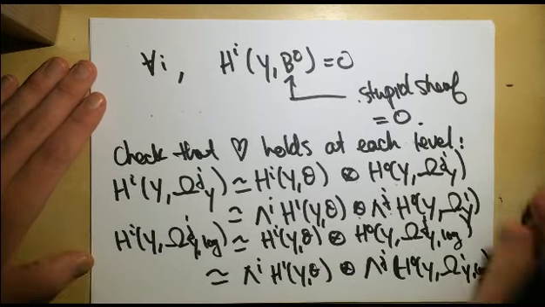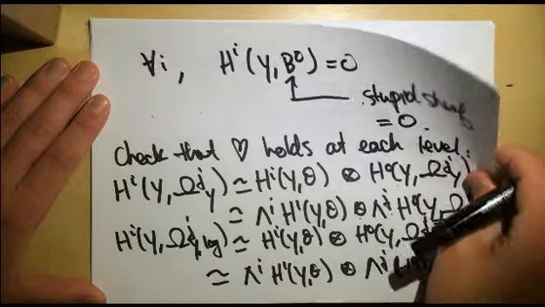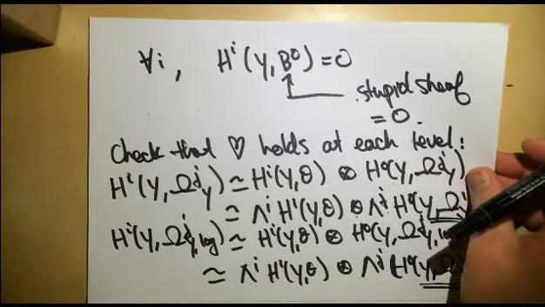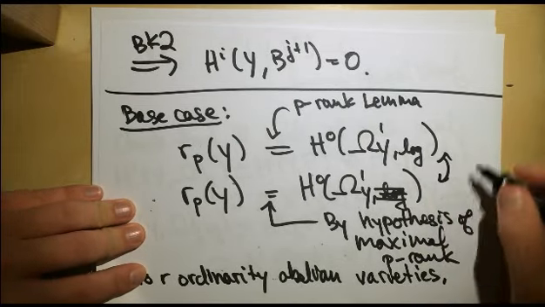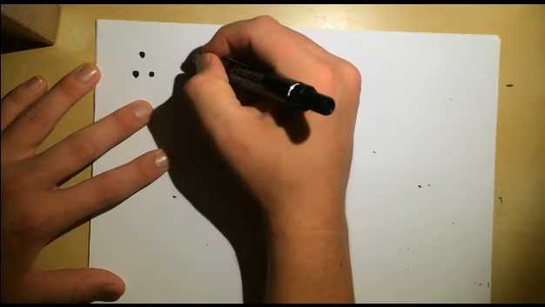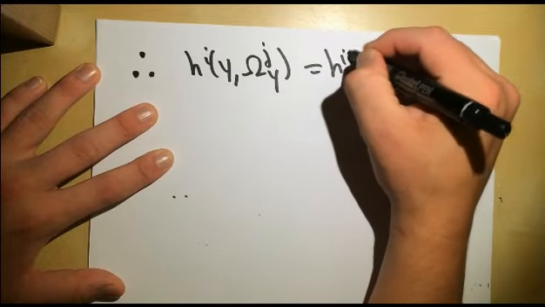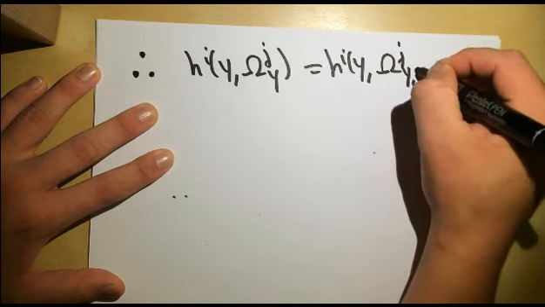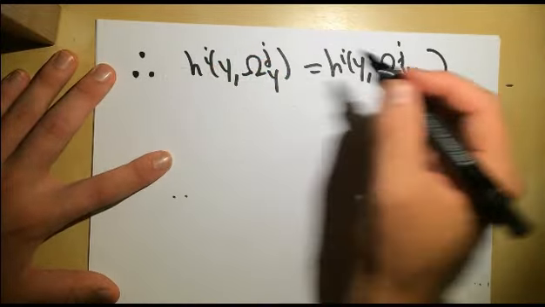Okay, so now we can break these two things down, and it really reduces to this and this. And so by hypothesis, the base case here, we have that these two things are the same, right? So these two things being the same will imply that these two are the same as well. Okay, so we conclude, therefore, that H^i y omega^j y is equal to H^i y omega^j y log, for all i and j. Okay, this is assuming the p-rank.